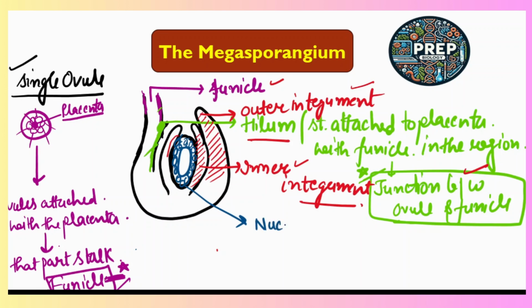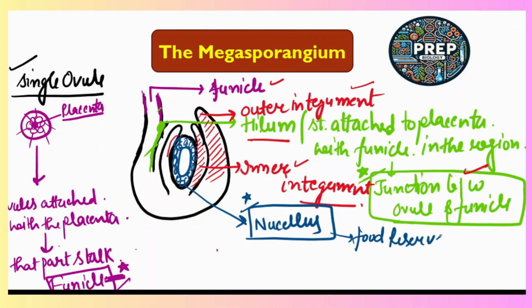That part is called the nucellus. This part is very important; it surrounds the middle part and contains the food reserve, which helps in the maturation of the ovule. Now, inside the nucellus, we have a rounded structure. That is called the embryo sac.